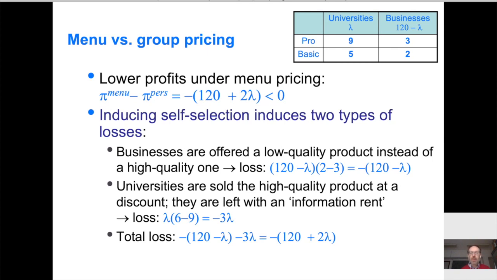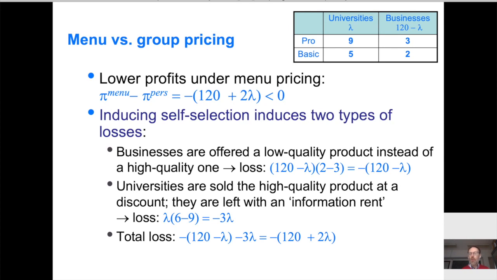And so if you look at the businesses, they were paying 3 for the pro version in the group pricing, and now they are only paying 2 for the basic version, so you lose 1 for the 120 minus lambda businesses. And the other source of loss comes from the universities.